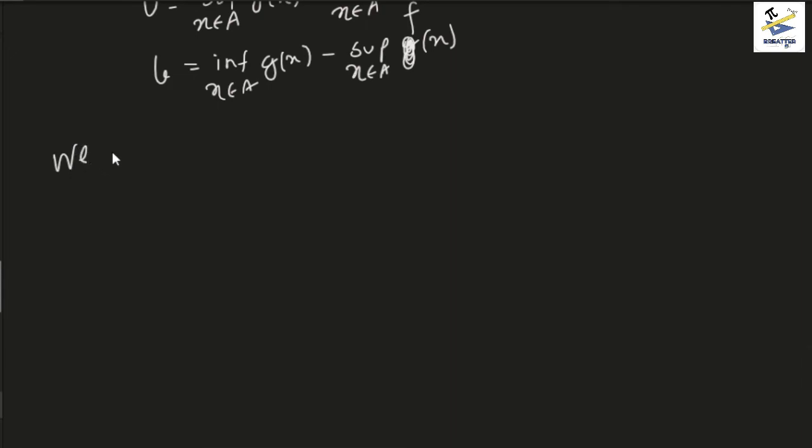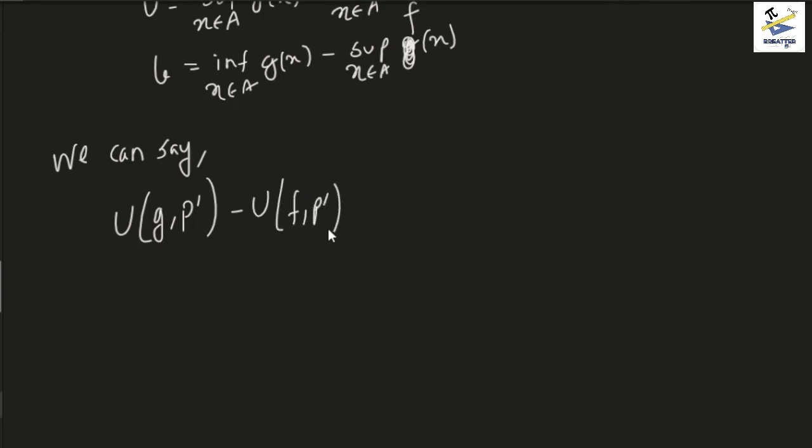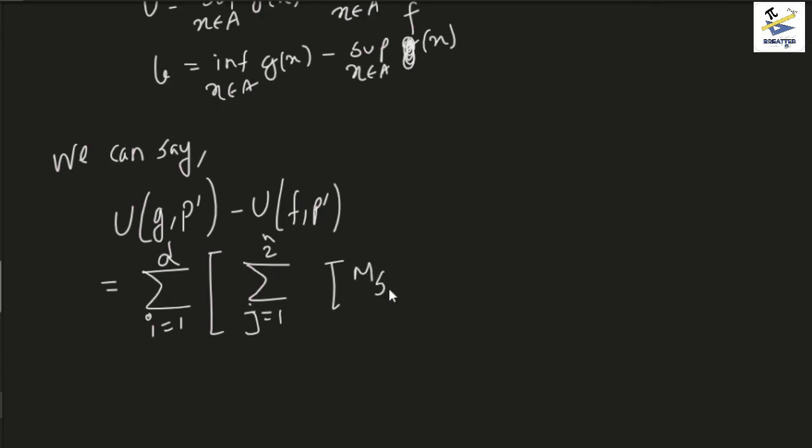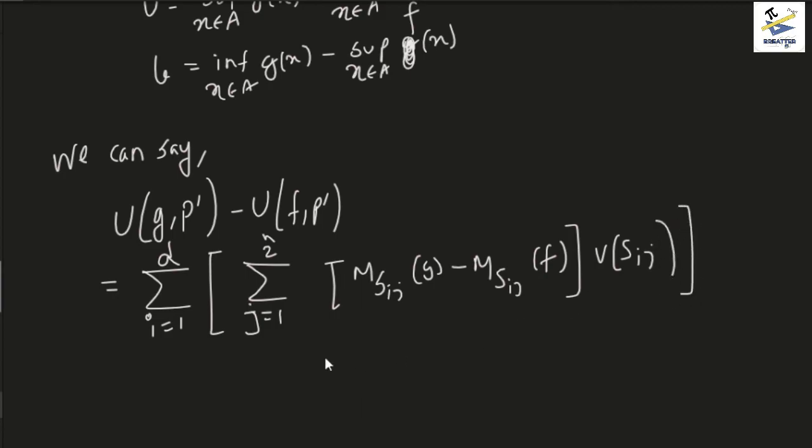We can say the upper sum of g with respect to p prime minus the upper sum of f with respect to p prime would then mean... right.